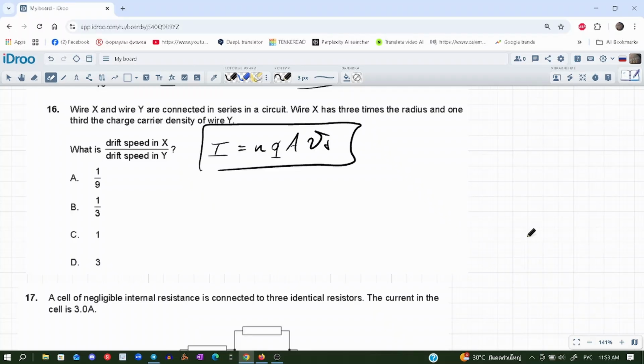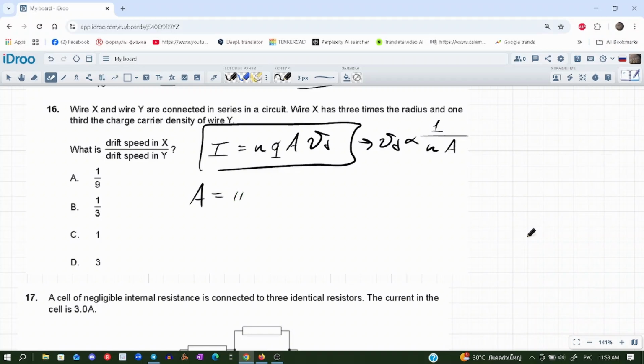From this equation, we can see that the drift speed is inversely proportional to the charge carrier density and cross-sectional area. We know that the cross-sectional area is the area of a circle, right?